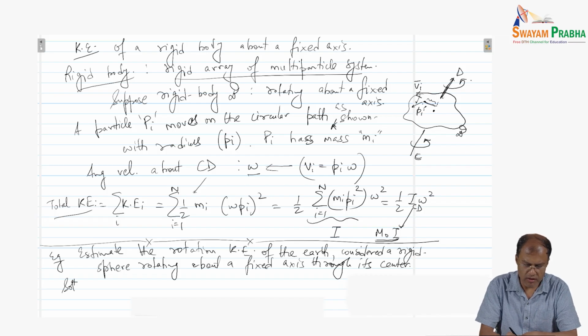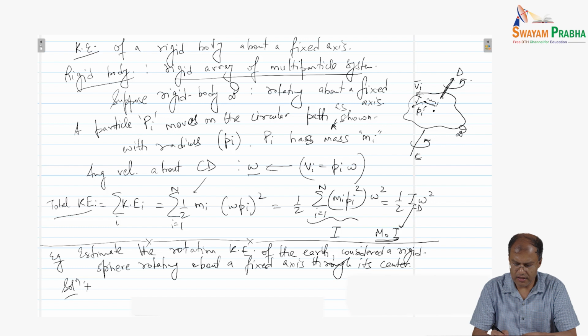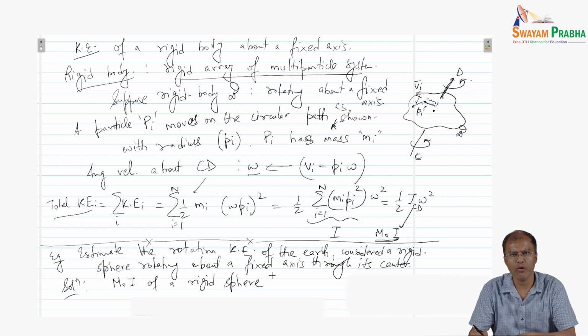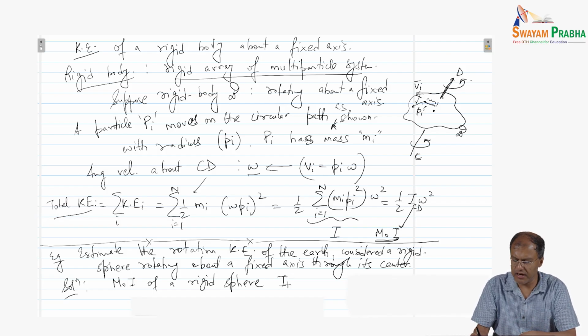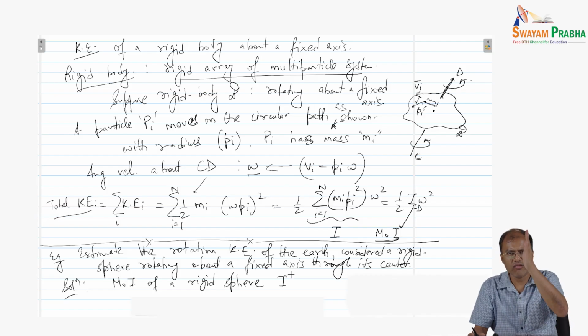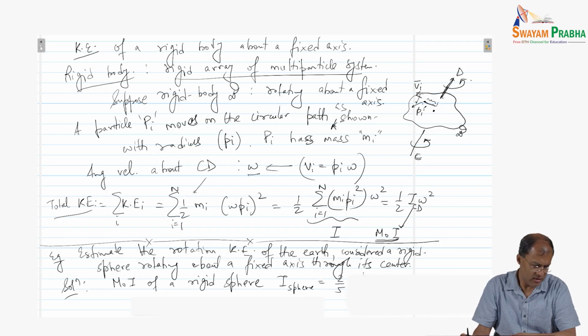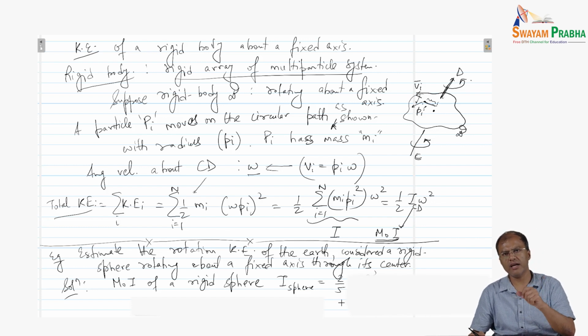So what have we got? The moment of inertia of a rigid sphere about its normal axis, the axis passing through its center, I sphere, is 2 by 5 m r square, where m is the mass of the sphere and r is the radius of the sphere. I'm going to tabulate the different moments of inertia in my next module, but for the time being we just write down the formula here.